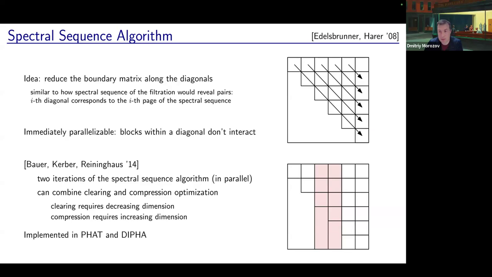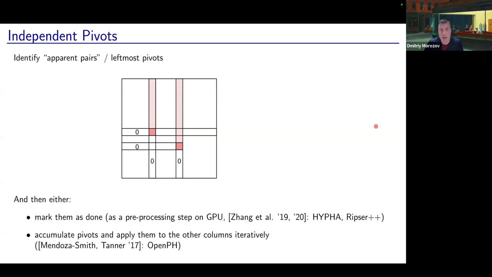Yes, maybe. Okay. Then there is a different line of thinking that people have investigated, namely that you can take passes and identify these leftmost pivots.